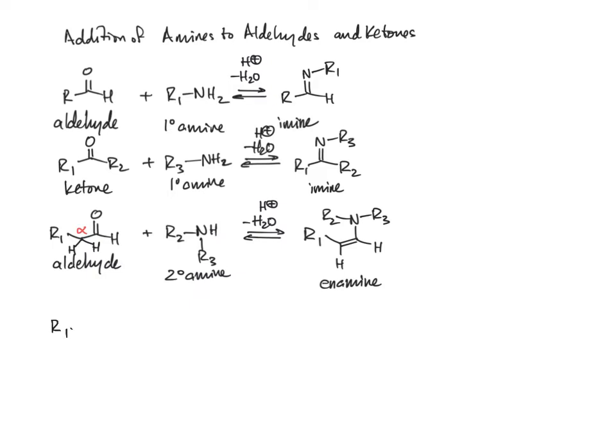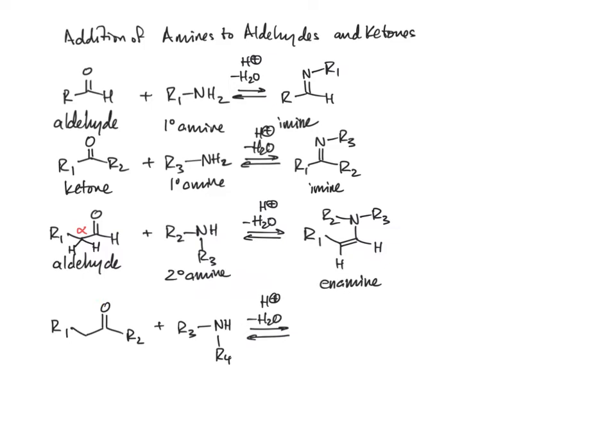So I'll just go ahead and show one alpha carbon. And again, we're using these R groups just very generally. So we're losing HHO.